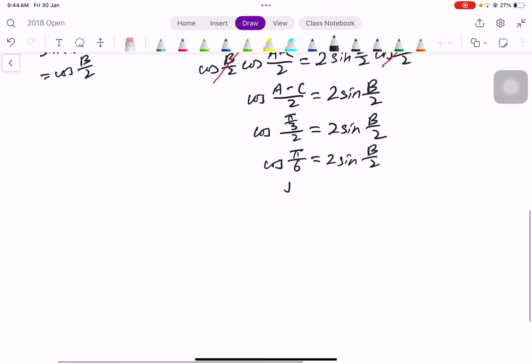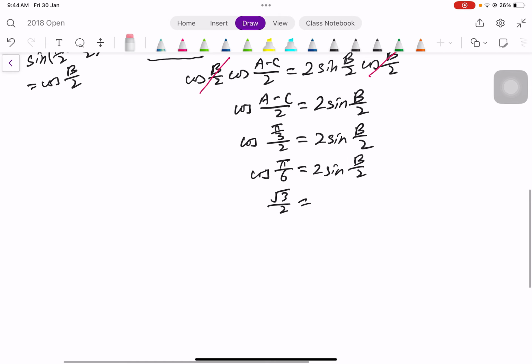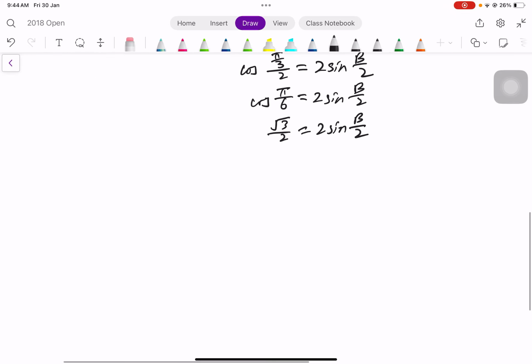Therefore, sine B over 2 is actually square root 3 over 4.